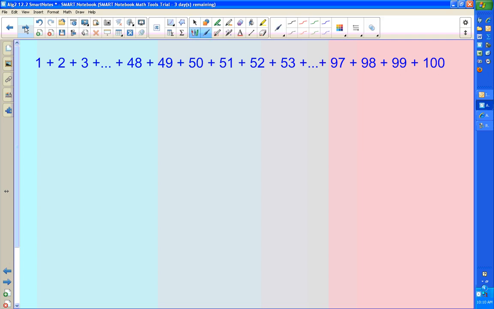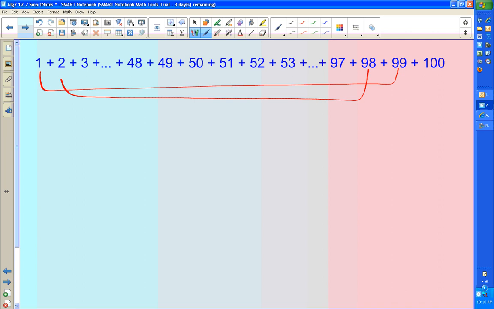Okay, so 1, if you add it to 99 is 100, 2 plus 98 is 100, 3 plus 97, 4 plus 96, and then you get to the middle, 49 plus 51, and you just keep going. So how many groups of 100? 49 groups of 100.